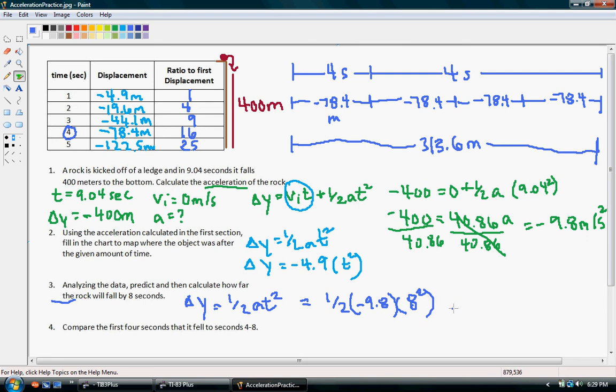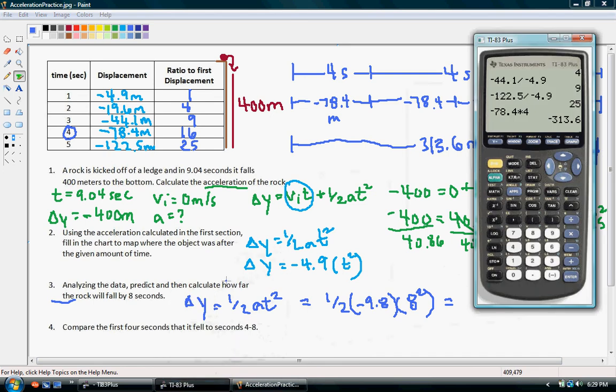And then we square our 8. So when we plug this into the calculator, it will be 1/2 times negative 9.8 times 8 squared, which is 64, and we get negative 313.6 meters.